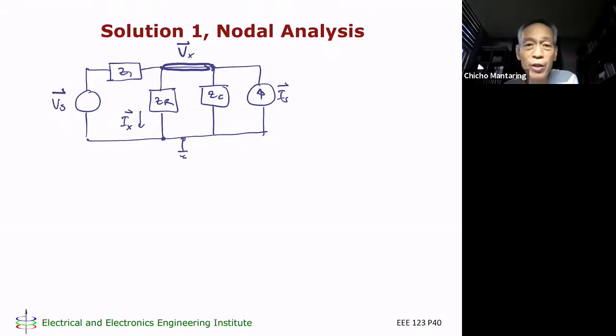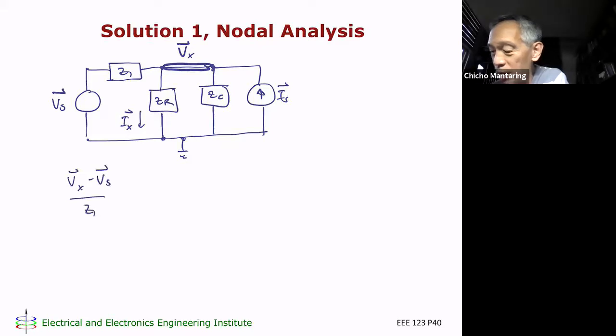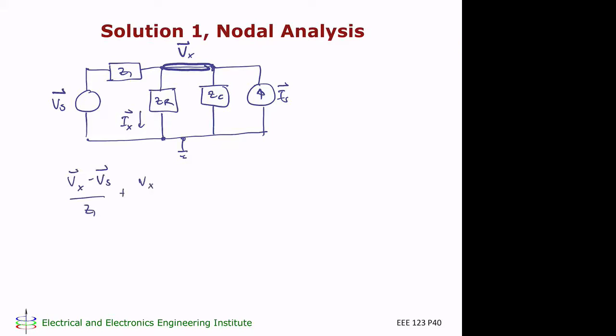Okay, ano yung nodal equation ko? Si Mori, tanong ko, what is my nodal equation? So sir, Vx minus Vs over Z1, tapos plus Vx over ZR. Okay. Plus Vx over ZC. Okay.